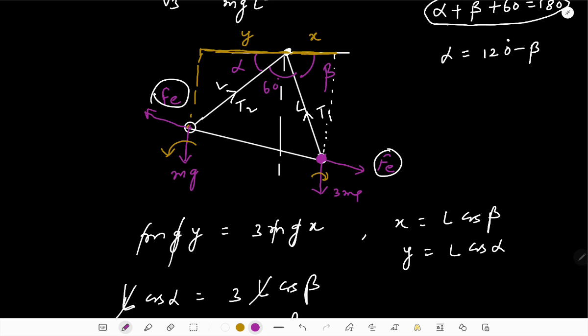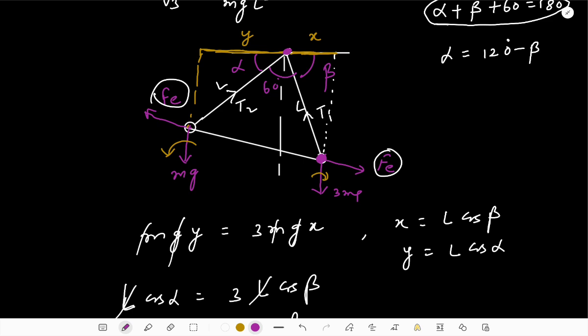The torques of all the forces acting on it are equal to 0, about the same point of suspension, because it is in equilibrium, so the torque of forces acting on it about any point in this universe is equal to 0, and they are also at rest.